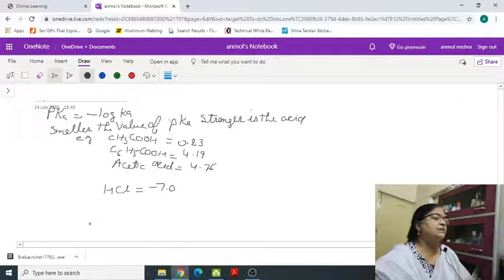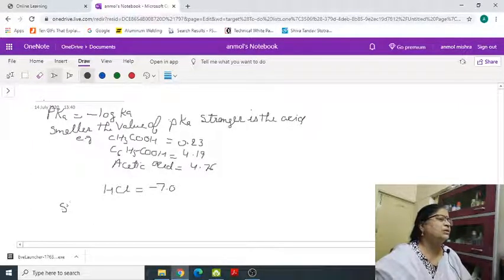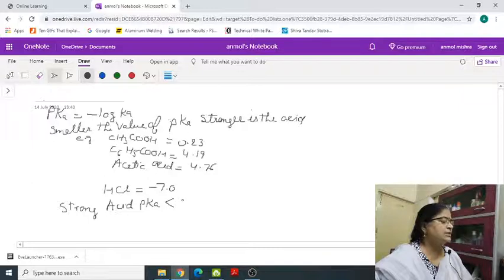A strong acid has a pKa value less than 1.